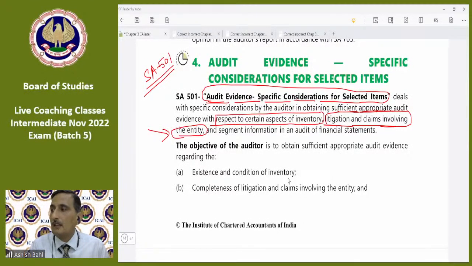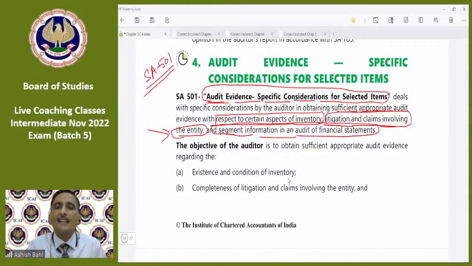And the third point is segment information in an audit of financial statements. Say the company is engaged in dealing in different types of products. Say one segment is textile, another segment is manufacturing of LED lights.